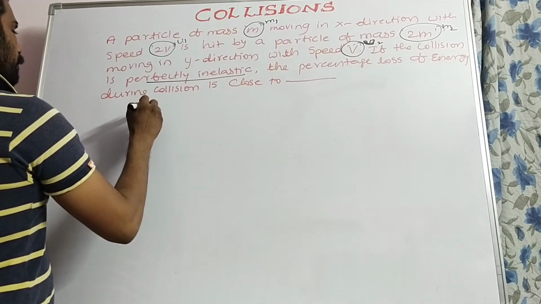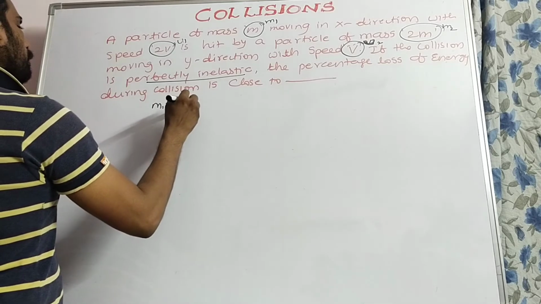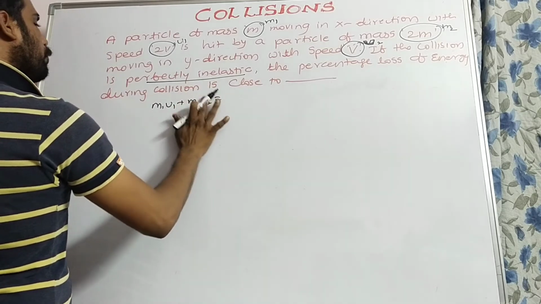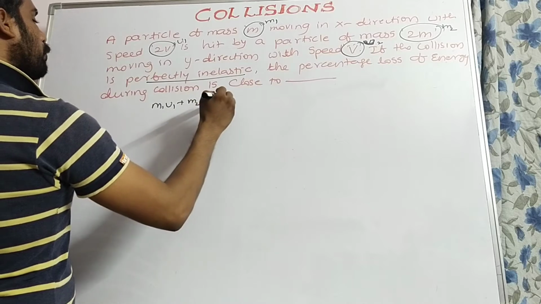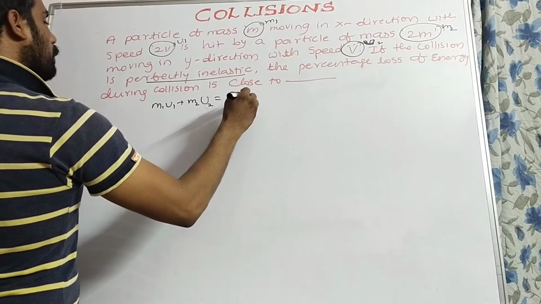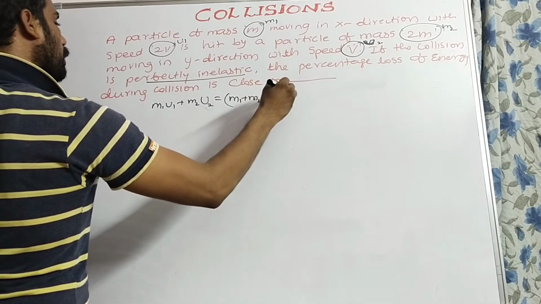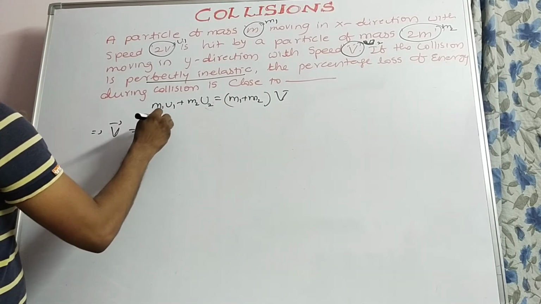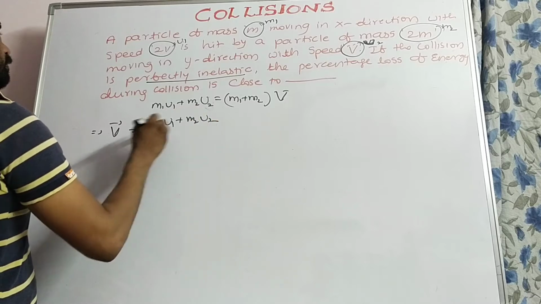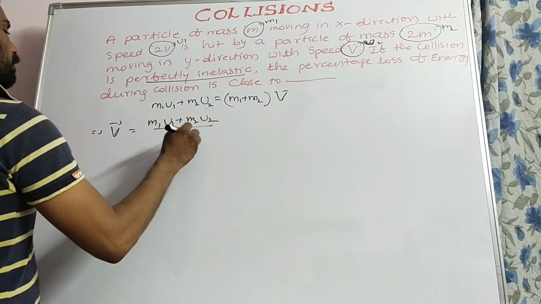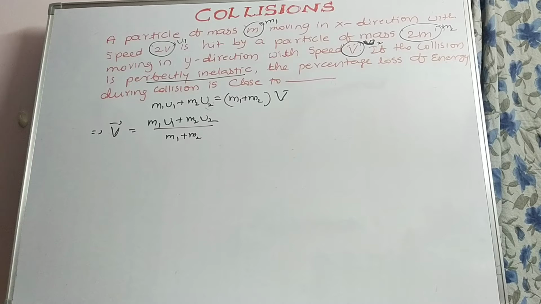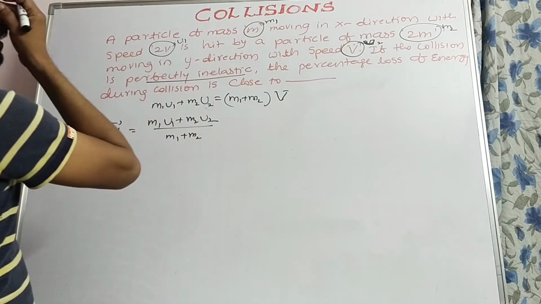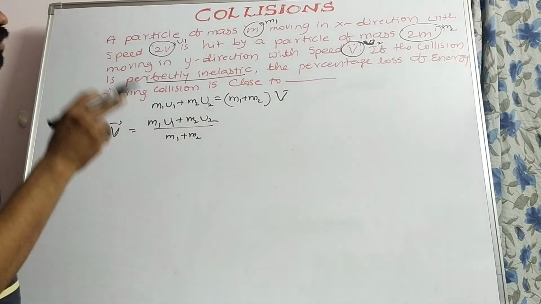So m1 u1 plus m2 u2 is equal to m1 plus m2 into capital V. That implies V bar is equal to m1 u1 plus m2 u2 by m1 plus m2. Why am I taking V bar here? Because the first body is moving along the x axis and the second body along the y axis.